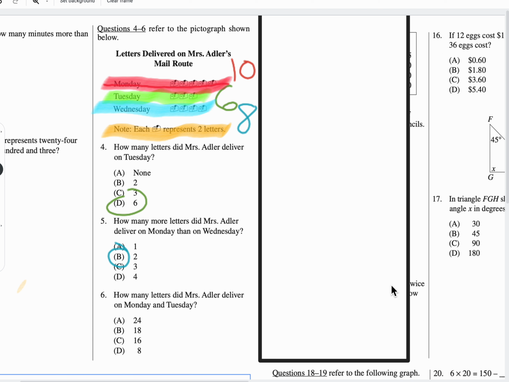And on Tuesday, she delivered 6 letters. Therefore, she delivered a total of 10 plus 6. Let's add together 10 plus 6. This is 16 in total, or answer choice C. C is the correct answer.